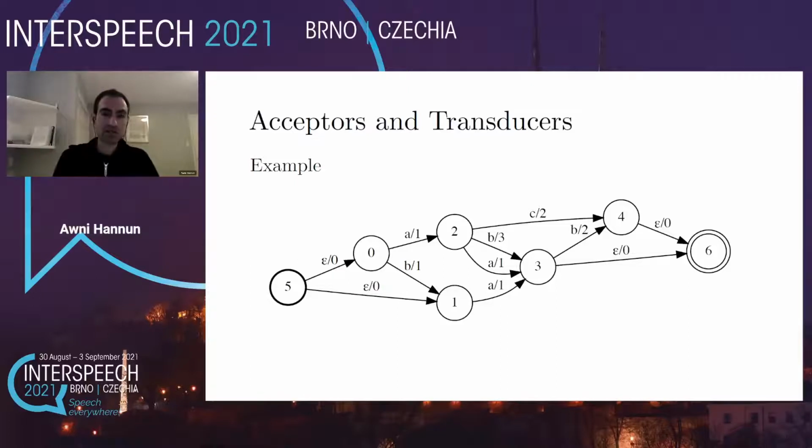And the weights, this is important when the graph is weighted, have to be 0 because you don't want to accumulate weight following those epsilon transitions. So this graph is equivalent to the previous graph. By equivalent, we mean that it accepts the same set of sequences and assigns them the same weights. But it only has a single start state and a single accept state.